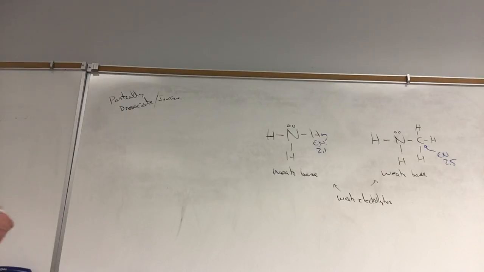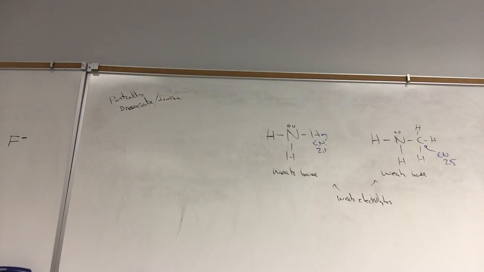And so let me give you a side example here. You know fluoride is a weak base? It's on the chart over here. Chloride is actually a weak base, but chloride is so weak we call it neutral, like sodium chloride.